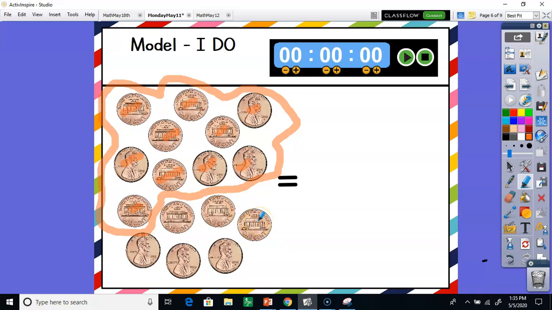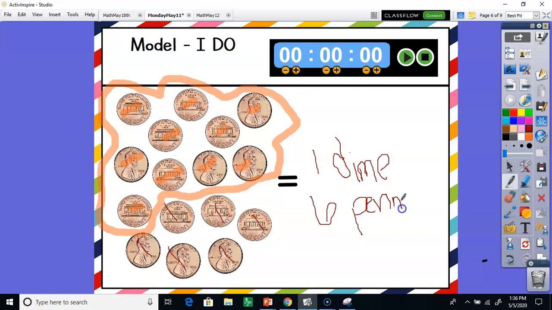I don't have enough to make another group of 10, so I'm going to write my final answer. I'm going to trade these 10 pennies for 1 dime, and then I have 1, 2, 3, 4, 5, 6 pennies left over. So these 16 pennies are equal to 1 dime and 6 pennies.